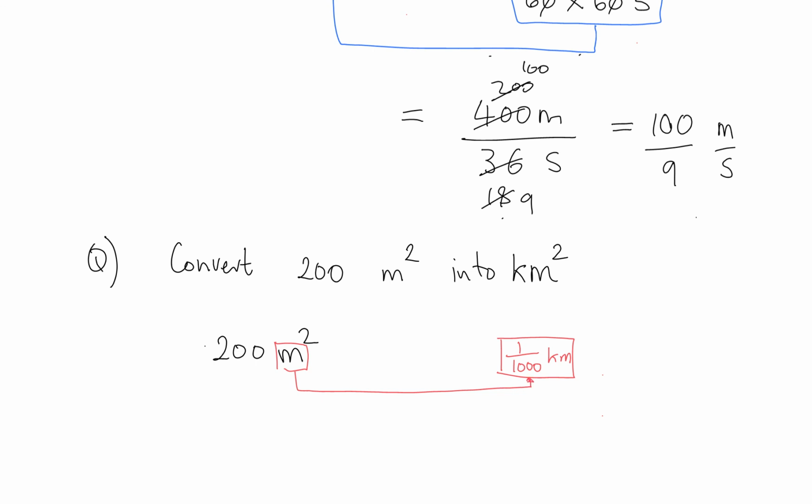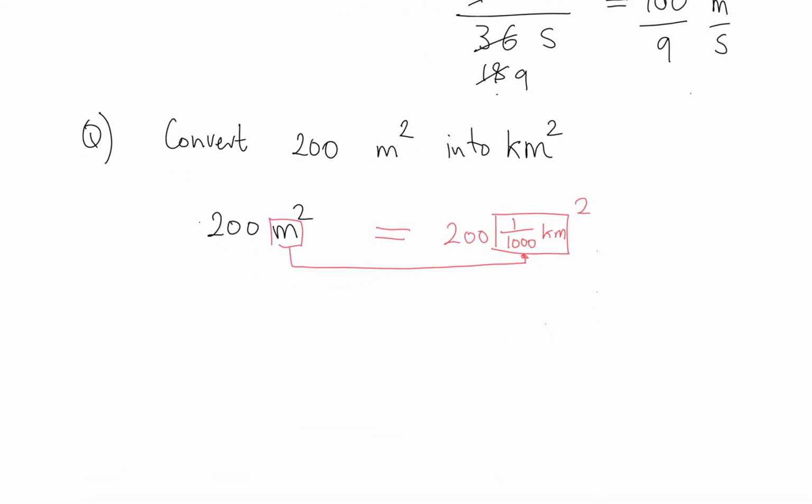Now notice that red box on the left here is being squared. So we must remember to square the red box on the right. Now 200 still sits there. That's this 200 here. Put an equal sign in the middle. And we continue. Now I've got to be careful with our squaring out.